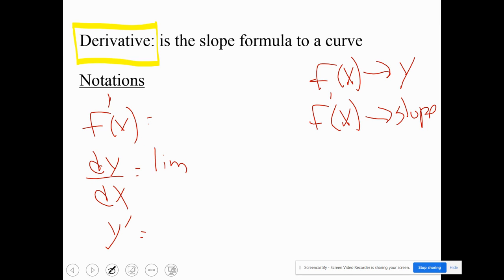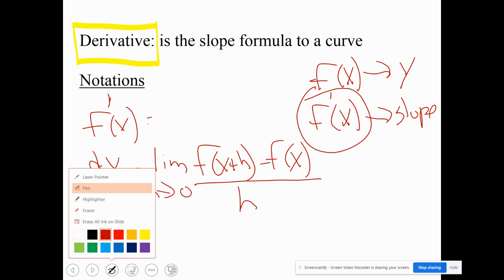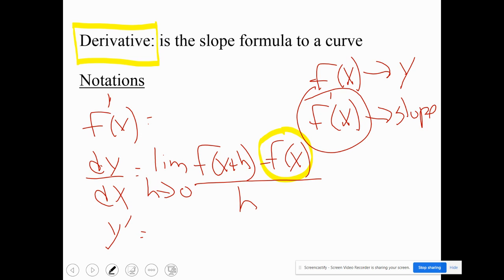The formula to find this slope formula is the limit as h approaches 0 of f of x plus h minus f of x over h. You would substitute in the original function. That's right here. You would substitute in the function after you've plugged in x plus h, and then you start doing the math until at some point you're finally going to be able to plug in h equals 0.